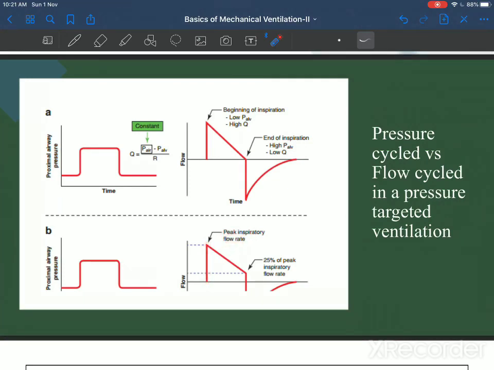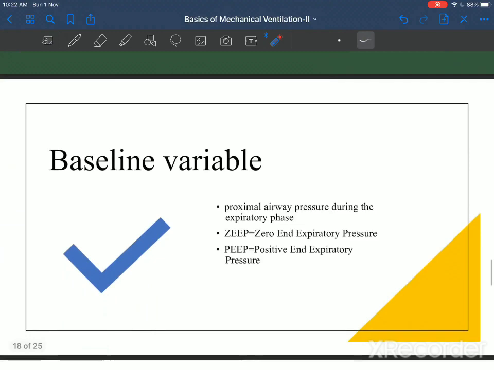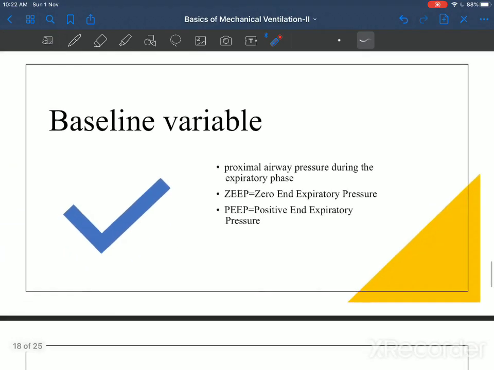Then you have said that the ventilator should stop the inspiration when the flow rate falls to 25% of the initial value. At this point in time, the ventilator will cut off the inspiration and the patient will automatically go for the expiration. So this is the cutoff point for flow cycled ventilation. These are all your phase variables.